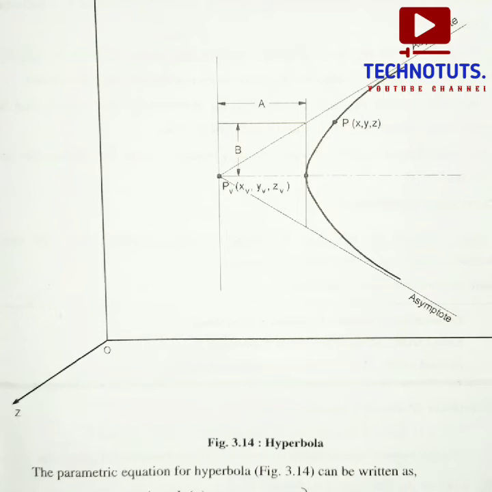Here the vertical line on which the vertex point PV occurs is known as the directrix, which is situated at a distance of capital A from the point passing through that vertex point to the hyperbola point.